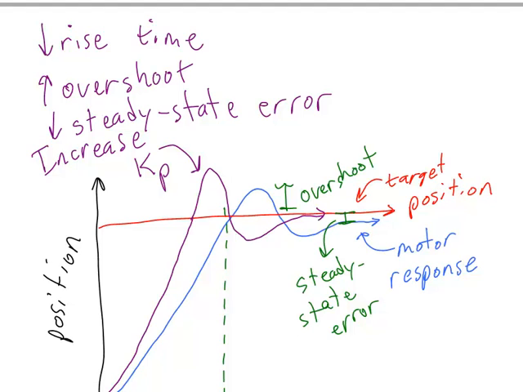In other words, it may be that you cannot get a sufficient rise time, overshoot, and steady state error within your limitations by setting any value of Kp. And in that case, you would want to introduce either derivative or integral control as well. Let's talk about those components next.